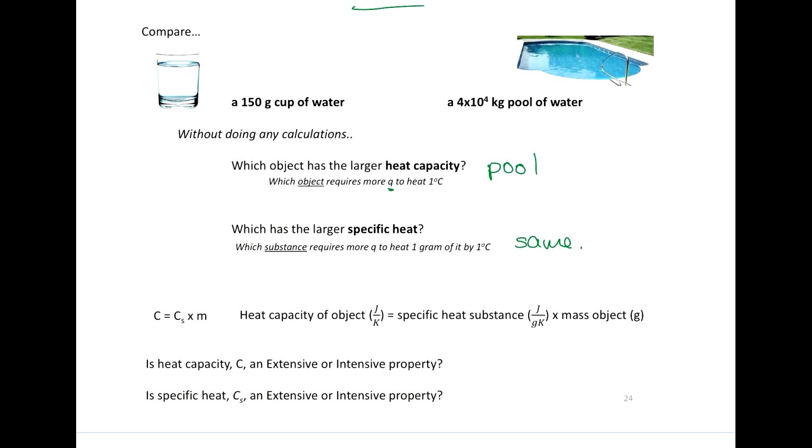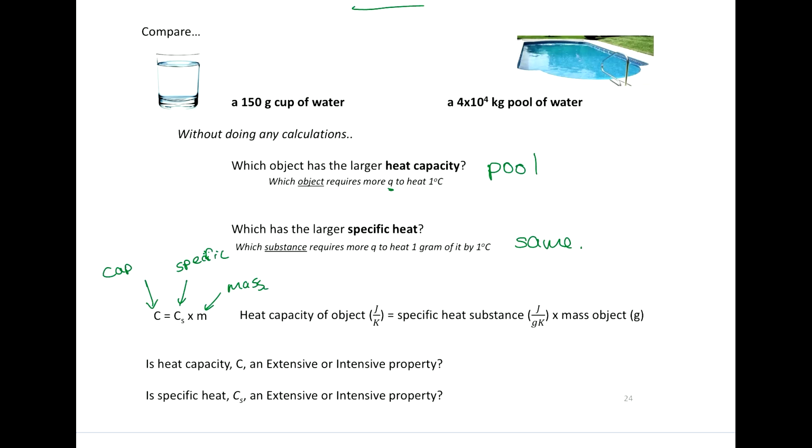So here's how we make the relationship. Heat capacity is equal to the specific heat of our substance times the mass of your object. So if I have a gram of water, I can calculate the heat capacity of that gram of water. If I have 100 grams of water, I can take that 100 grams multiplied by specific heat to get the heat capacity of 100 grams.